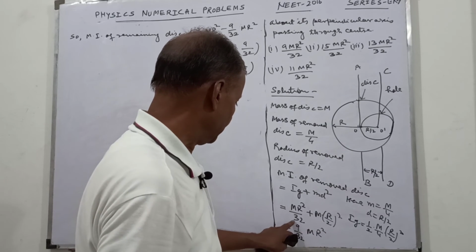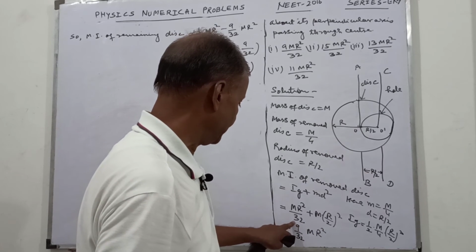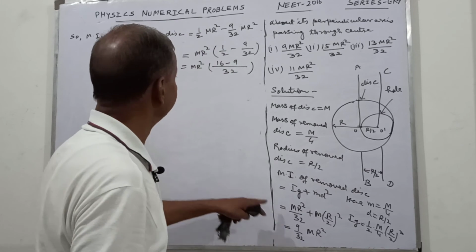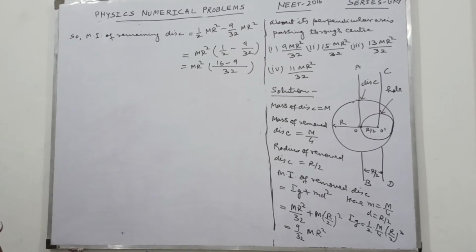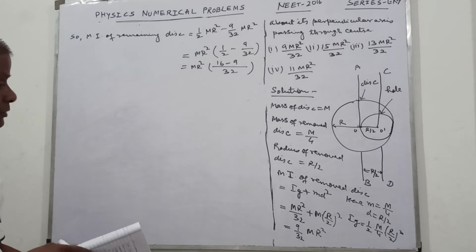So this is 9 upon 32 mr square. We have not taken m by 4 here, this is m by 4.